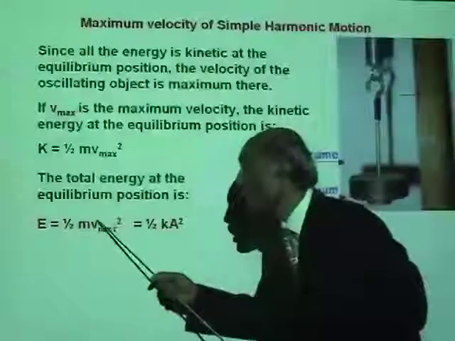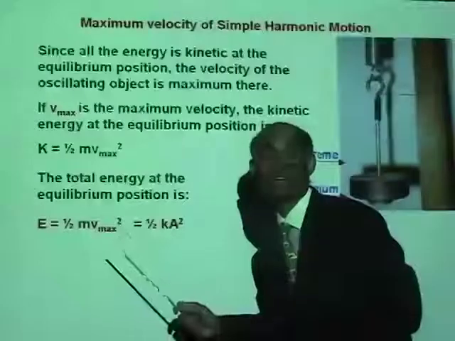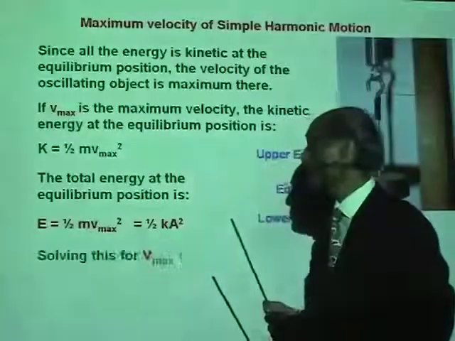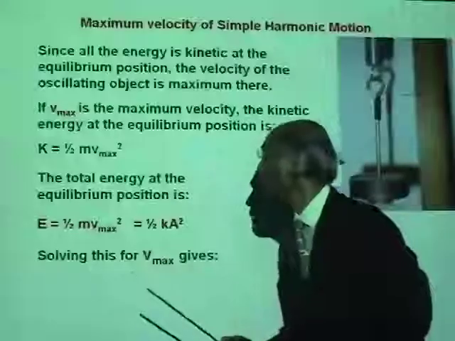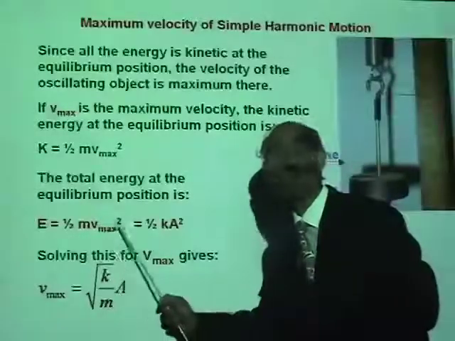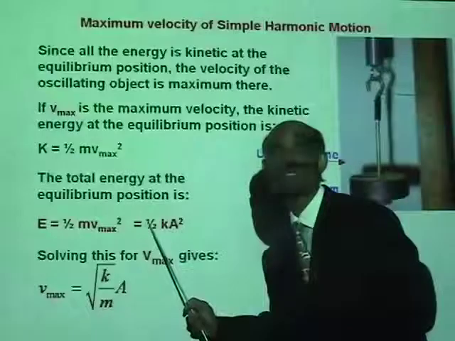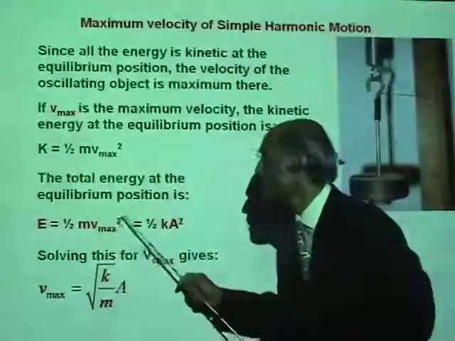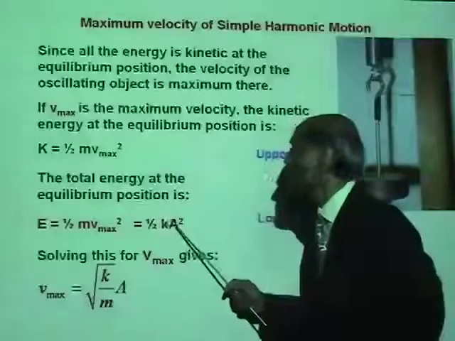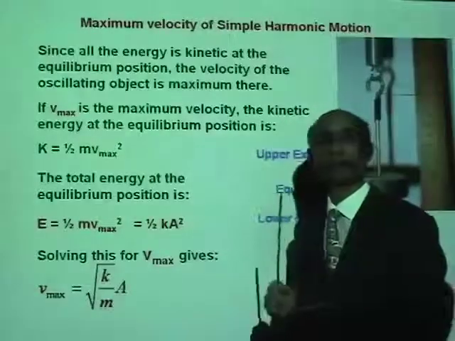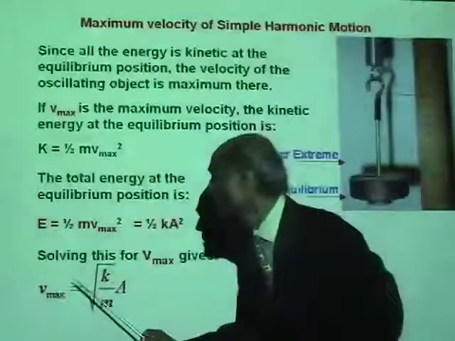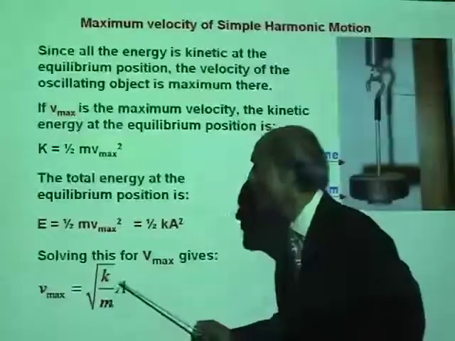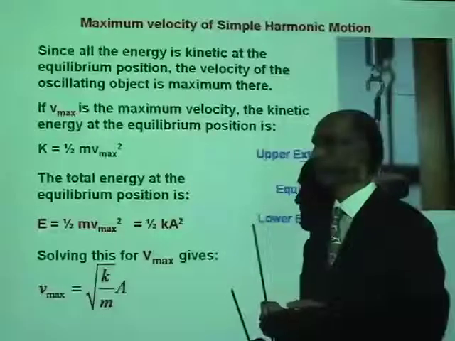You can now solve for v max. Can you do that? 1/2 and 1/2 will go. I'm going to leave it for you to solve that equation. 1/2 m v max squared equal to 1/2 k A squared. And therefore, v max equal to square root of k over m times A.